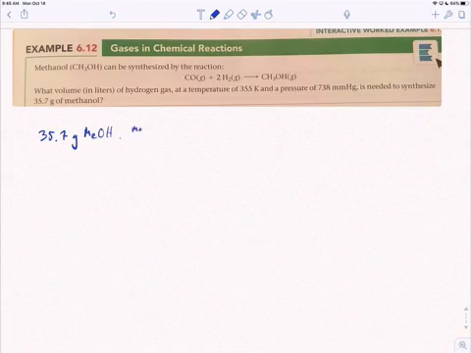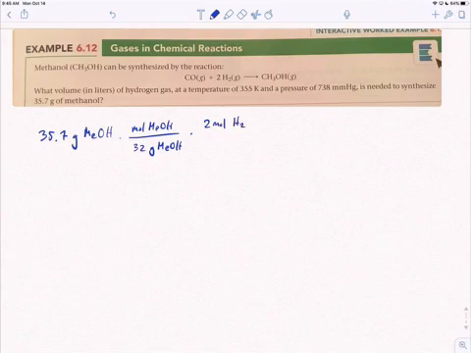So this is 1 mole methanol over 32 grams methanol. And then we have 2 moles hydrogen to every mole methanol. Methanol is also known as wood alcohol, if you're wondering.